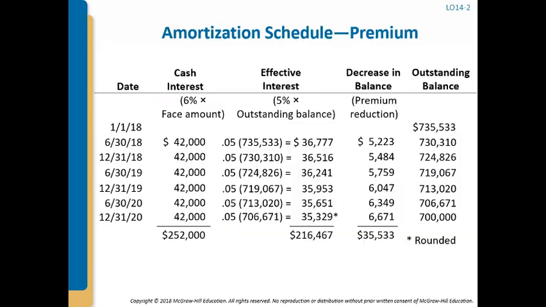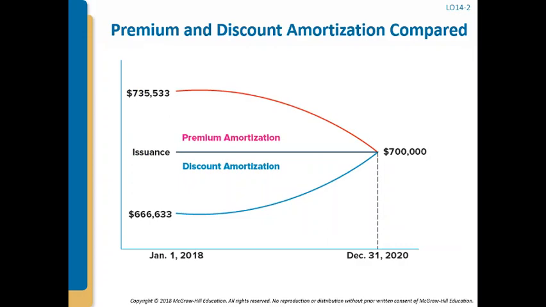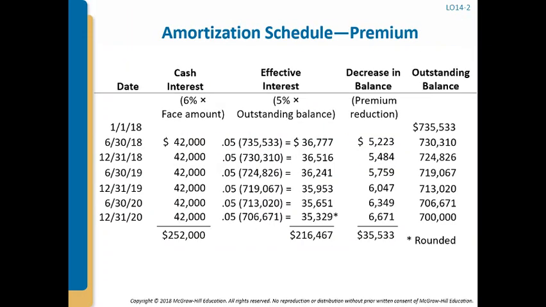And so they don't show it, but what you're going to have is interest expense of $36,777.